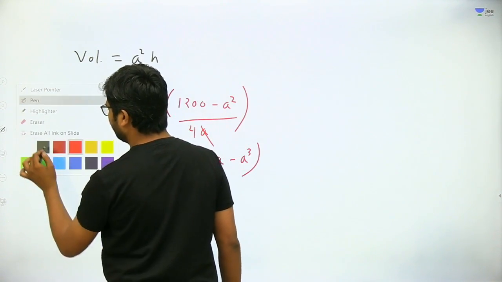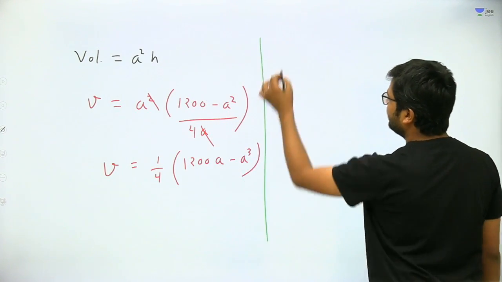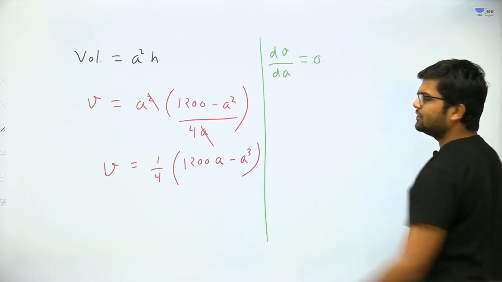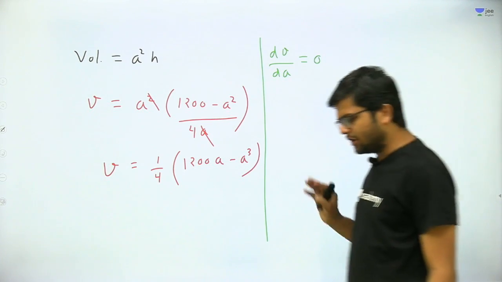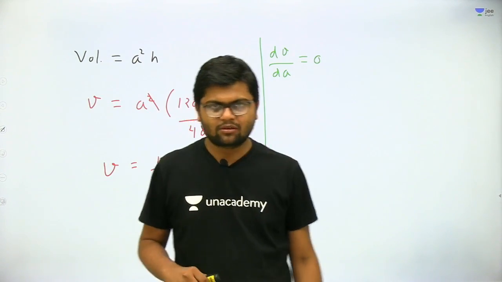Now you can easily maximize or minimize the volume. Since volume is a function of a, I am differentiating volume with respect to a and equating it with 0, because maxima and minima occur for a differentiable and continuous function at the points where the derivative is 0. Got my point?